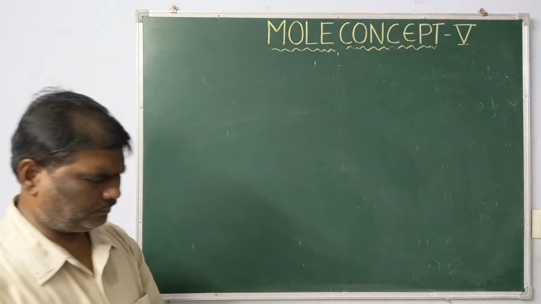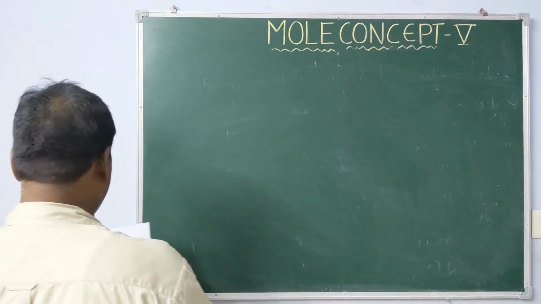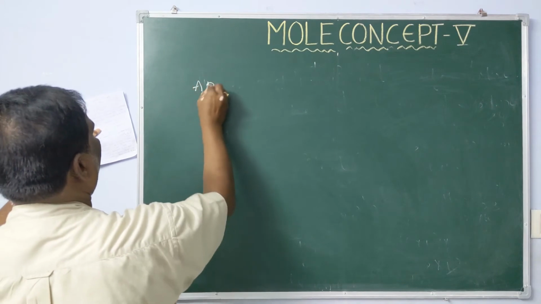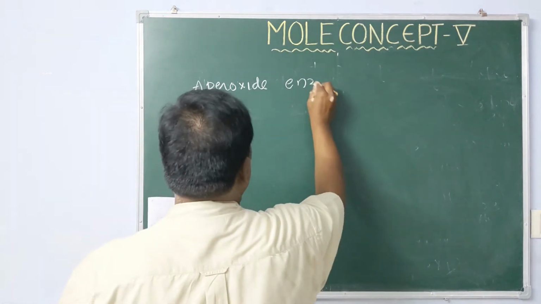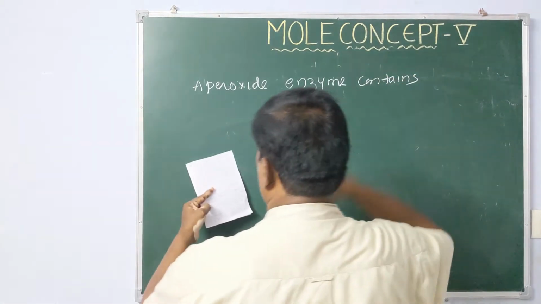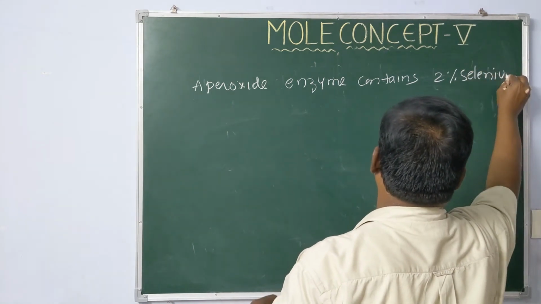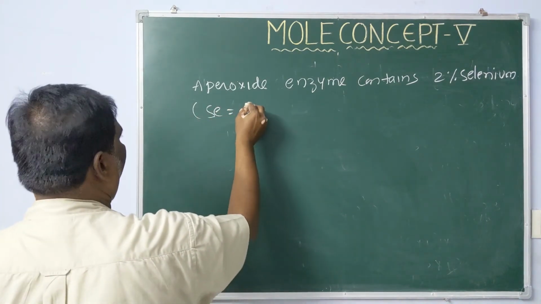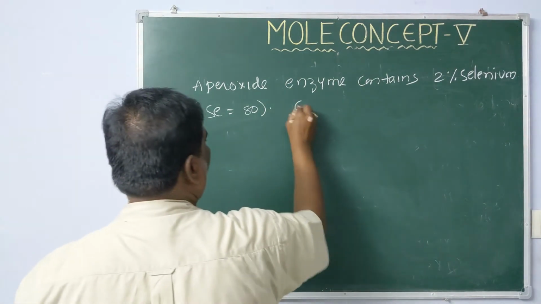Third problem. Now the problem is: a peroxide enzyme contains 2% of selenium, whose atomic weight is given as 80.